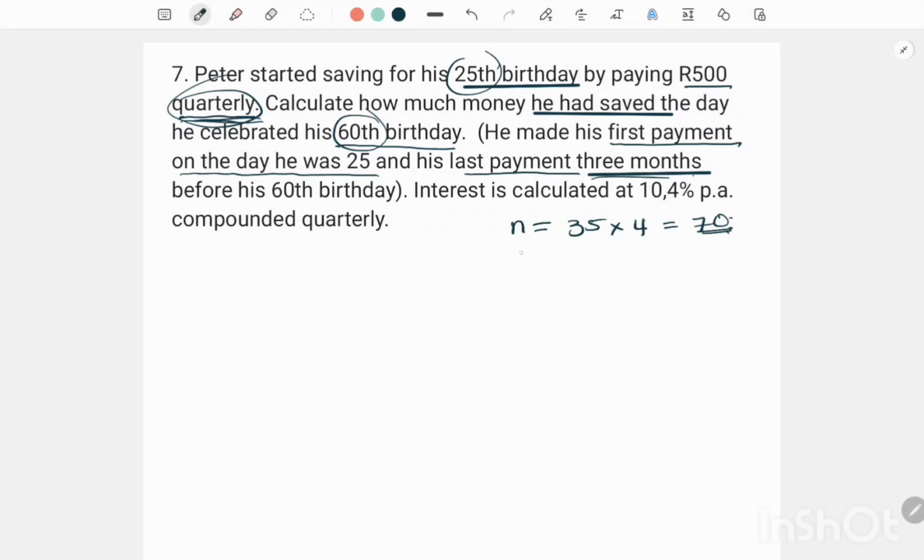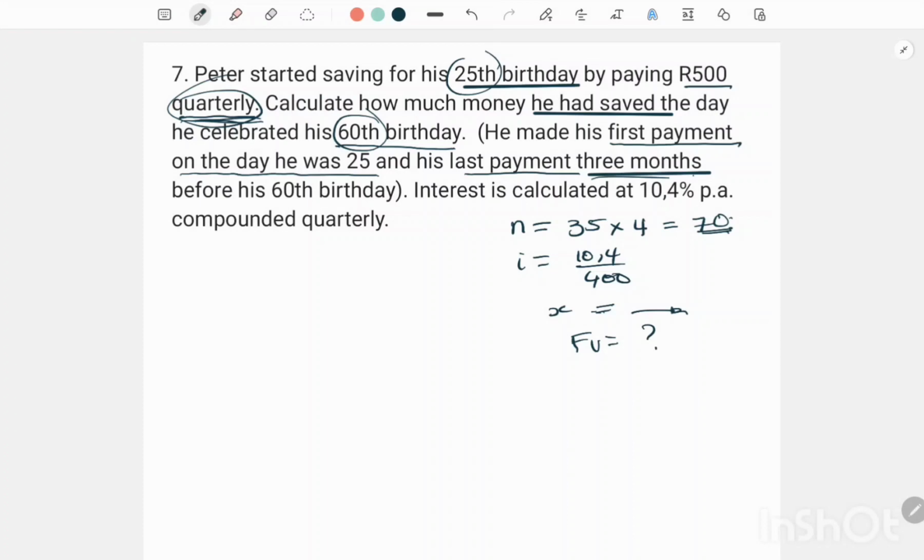Then we have your interest as 10.4 all over 400. Then we have x. We do not have x. We have to find x. And also we need the future value.